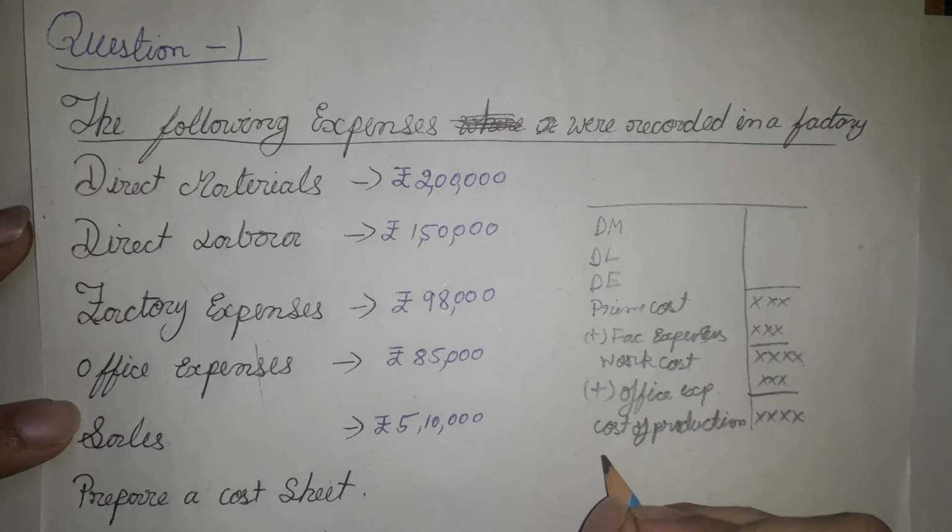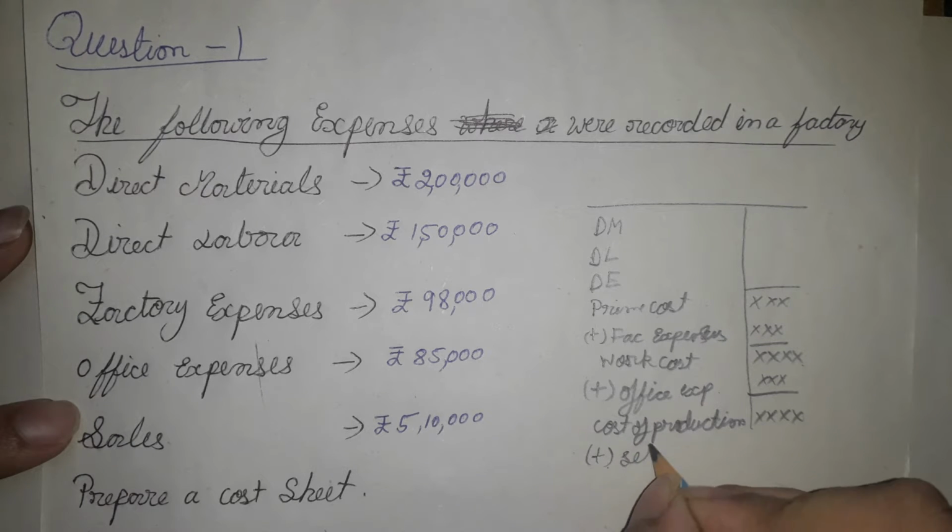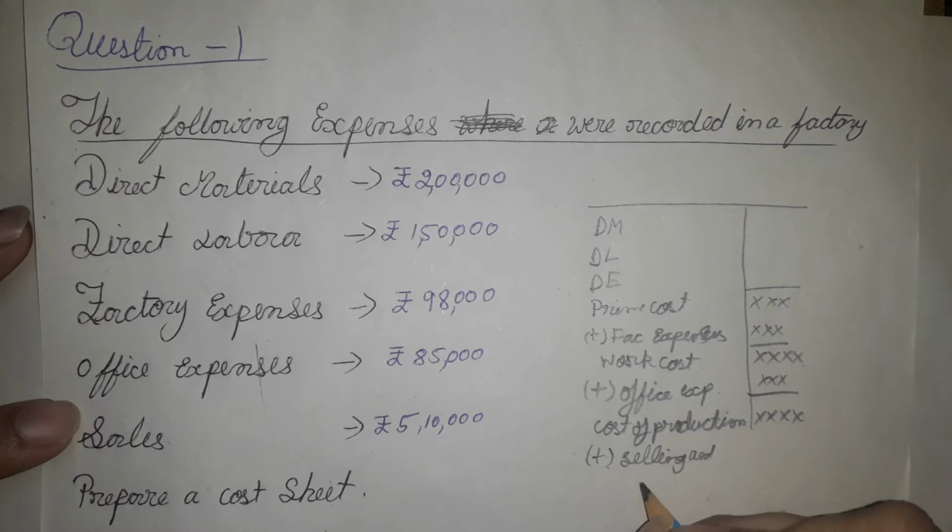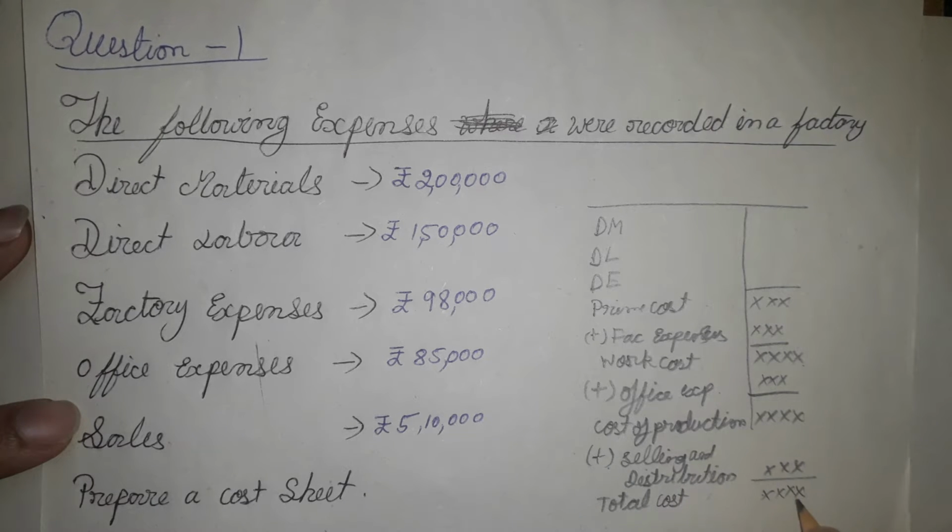Then to this cost of production, we add our various selling and distribution expenses. Okay, so when we add our selling and distribution expenses, we arrive at our total cost, or it is also called as cost of sales. Okay, so we arrive at that amount.